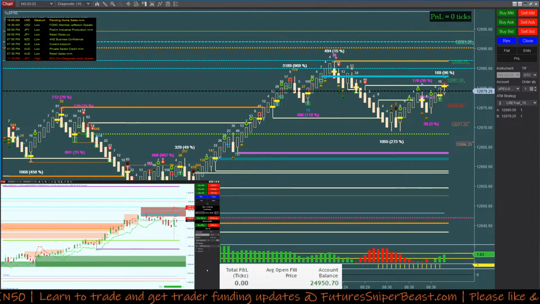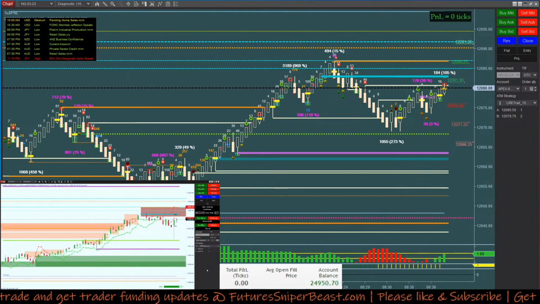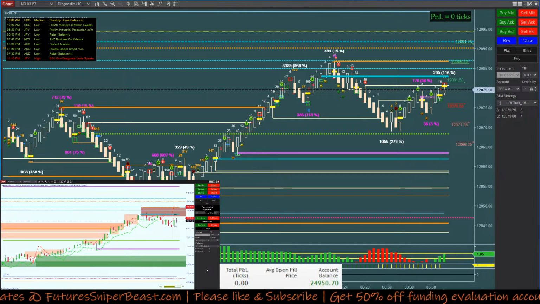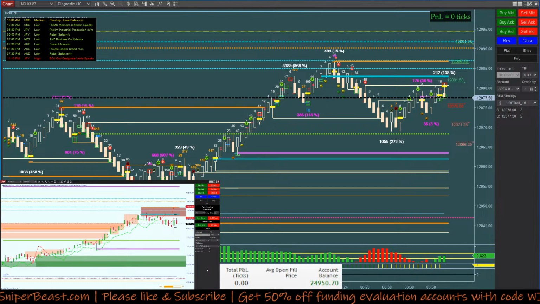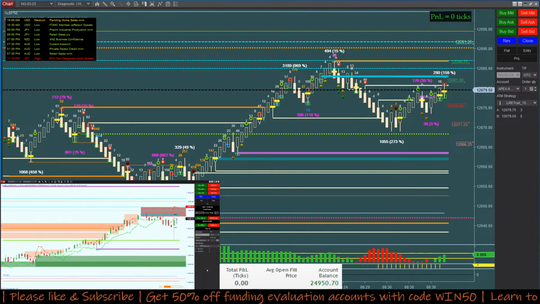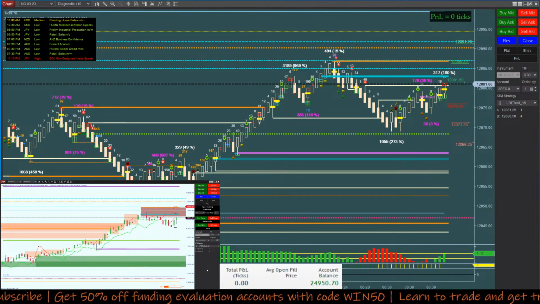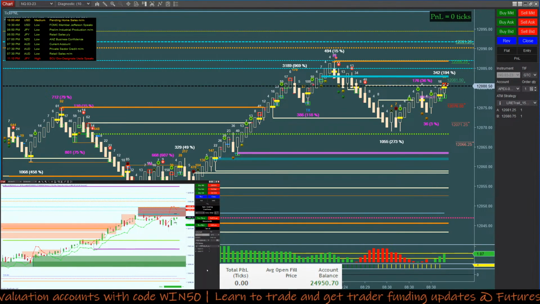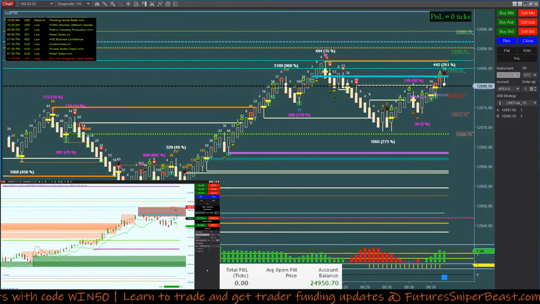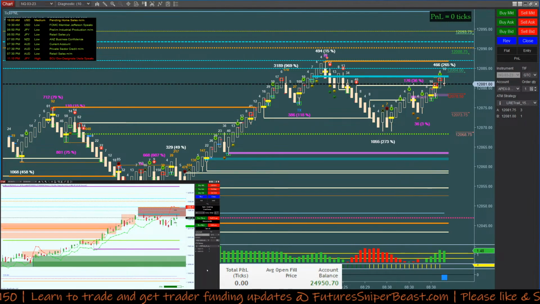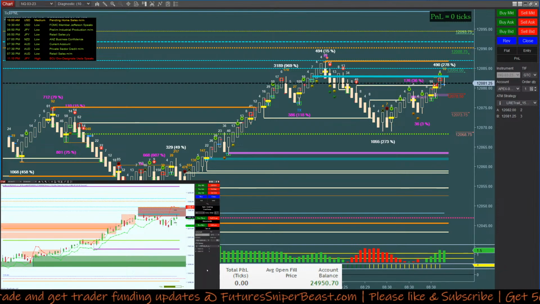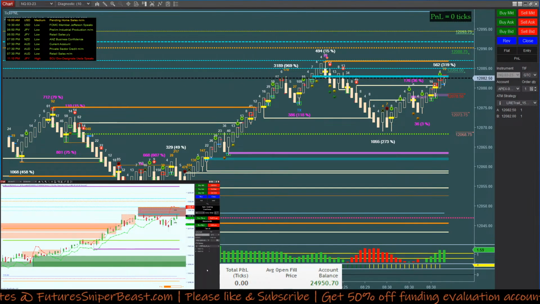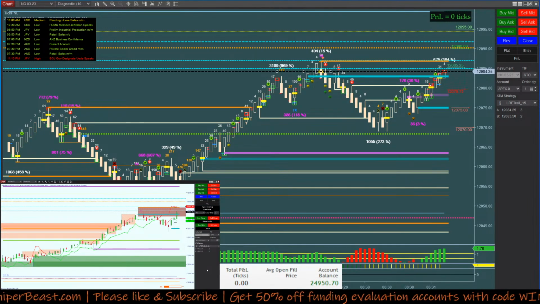Double cluster NQ. Potential SLZ on NQ. Double cluster NQ.